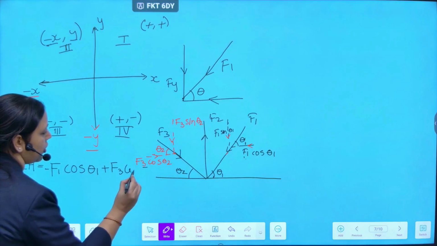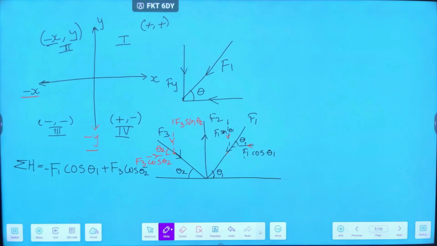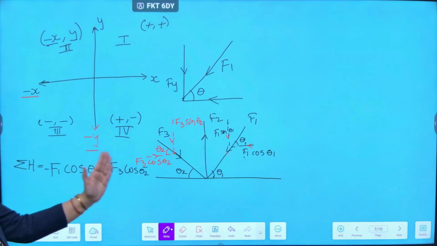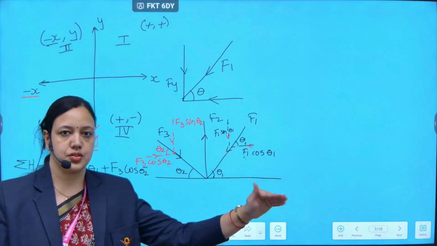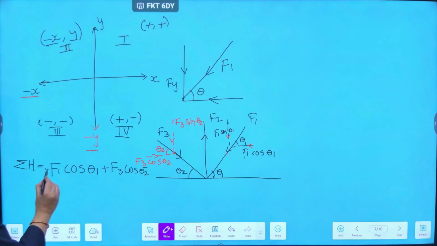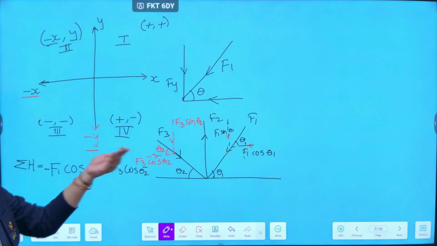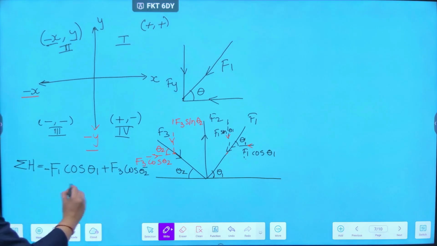Now these two forces are acting in the horizontal direction. Using the sign convention, I have given the first force as negative because it is moving inwards. F3 is positive. So we find sigma H.